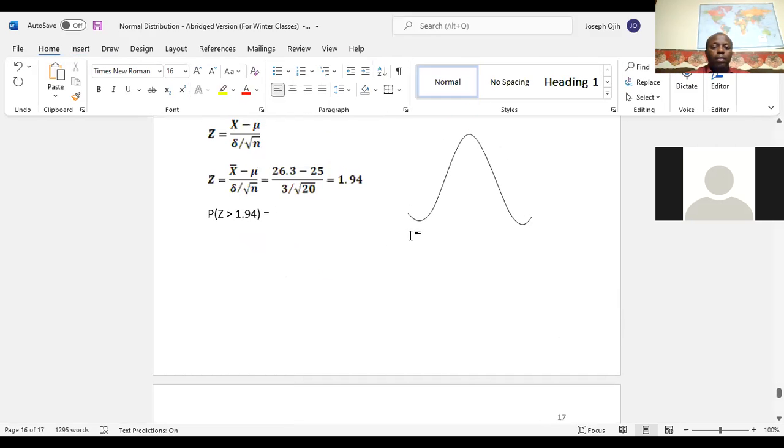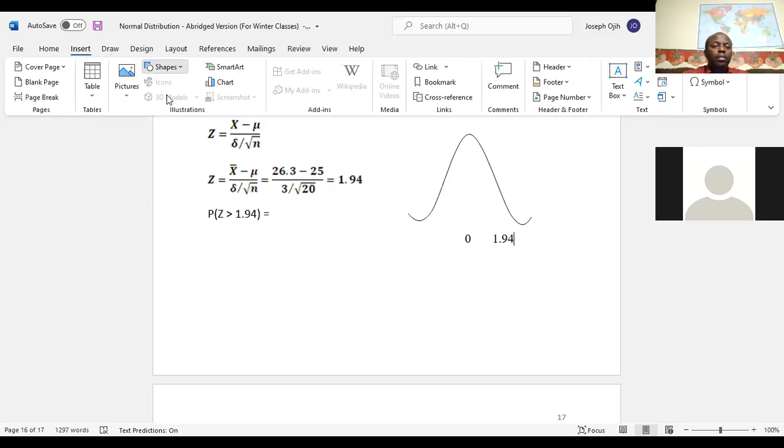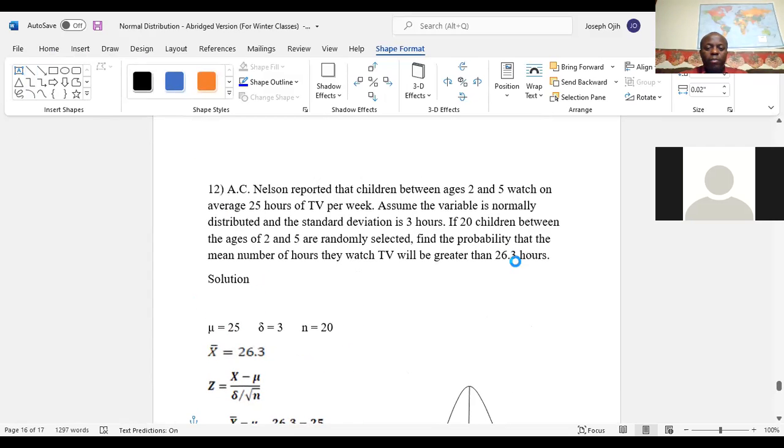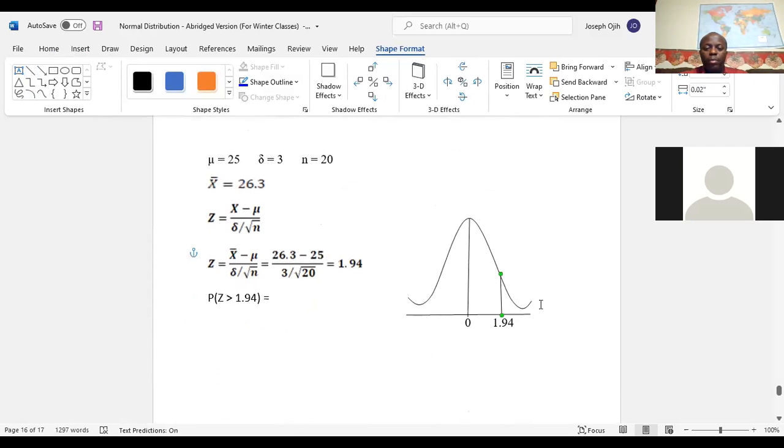We have 0 at the middle, and 1.94. We put our x-axis on the center line that shows the mean, then the line that shows 1.94. It says they'll be greater than 26.3, which means greater than 1.94. So that means it's going to be on the tail, right there.